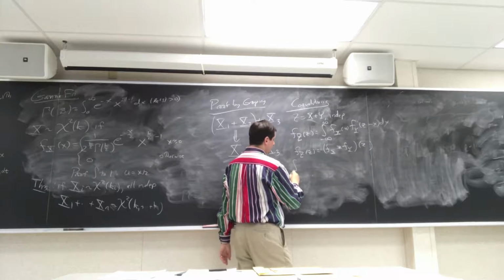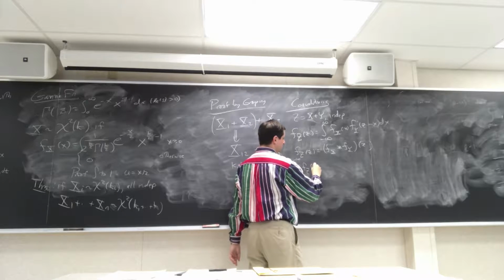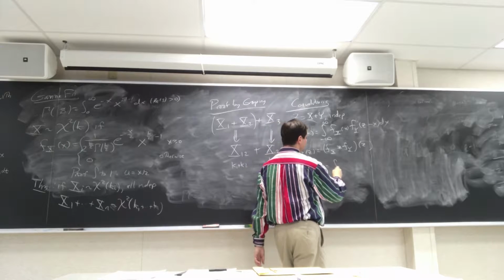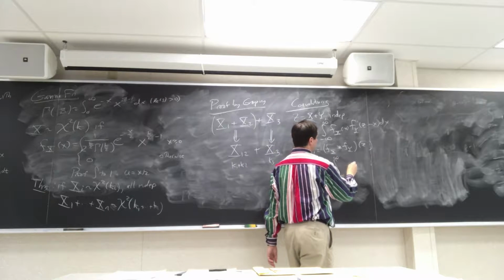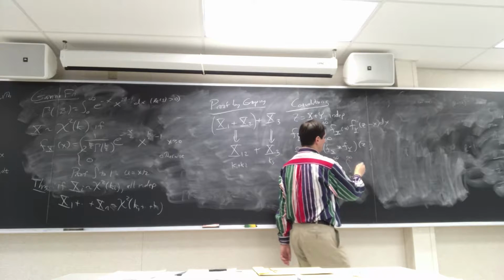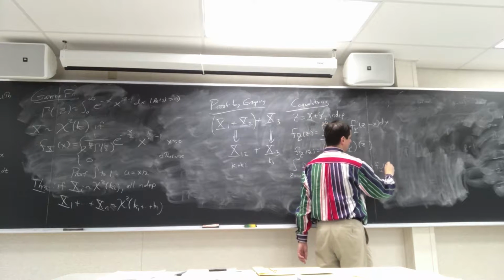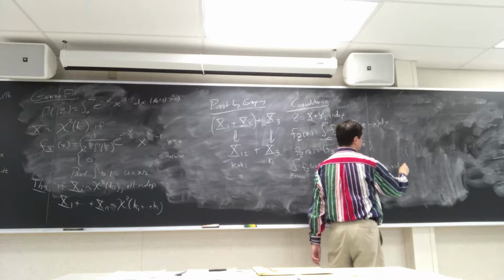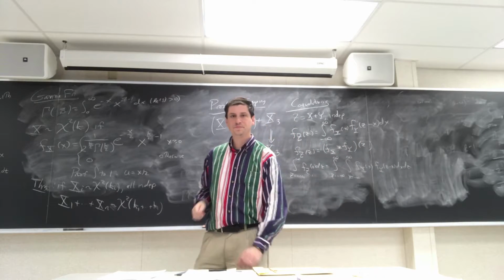So I integrate, z goes from minus infinity to infinity of f of z dz. This is the integral, z goes from minus infinity to infinity. Then the integral x goes from minus infinity to infinity of f_X of x, f_Y of z minus x, dx dz. So I have a double integral to do.